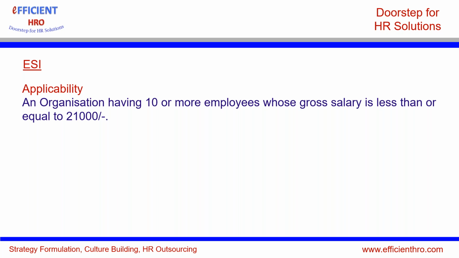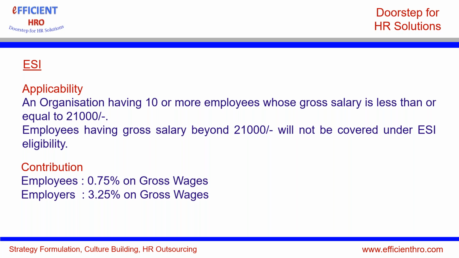Any employee whose gross salary is beyond 21,000 will not get covered under ESI. Coming to contribution, the employee's contribution will be 0.75% on gross wages and the employer's share will be 3.25% on gross wages. So total 4% on gross wages.